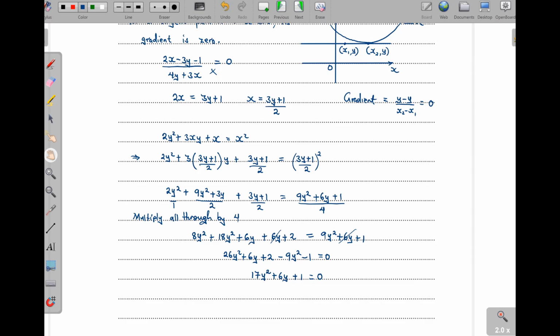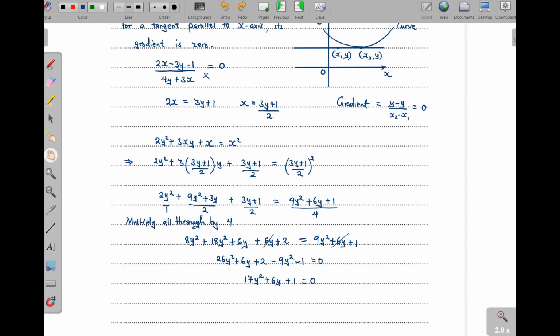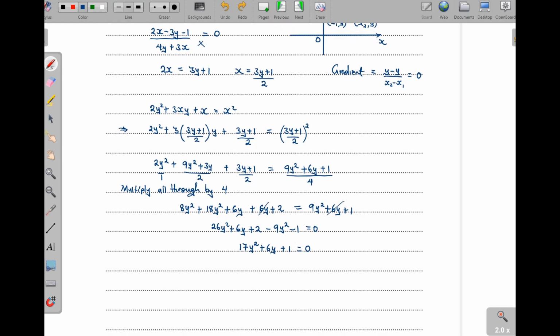Now, since they are saying that the curve does not have a tangent, that is what we are supposed to show. That means we can't solve this quadratic equation. But to get non-real values, when you solve a quadratic equation, that means the b squared minus 4ac has to be less than what? 0. Remember, we solve using minus b plus or minus the root of b squared minus 4ac out of 2a.